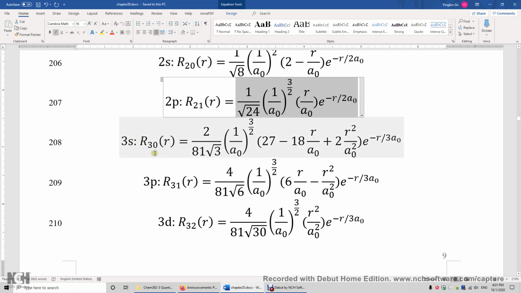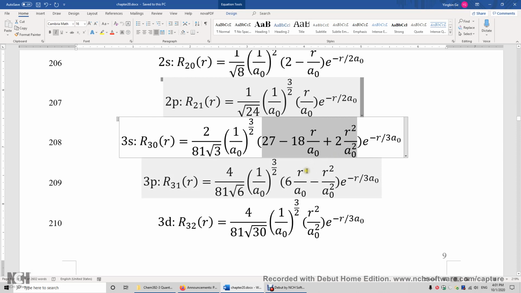Now you have 3s, 3p, 3d. Those are, again, the radial functions. Over here, if you solve this equation, set this to be 0, you get two solutions, two roots. These two roots correspond to the two spherical nodal surfaces in the 3s orbital. And over here, you can immediately tell, when r is equal to 6 times a naught, you have a spherical nodal surface.